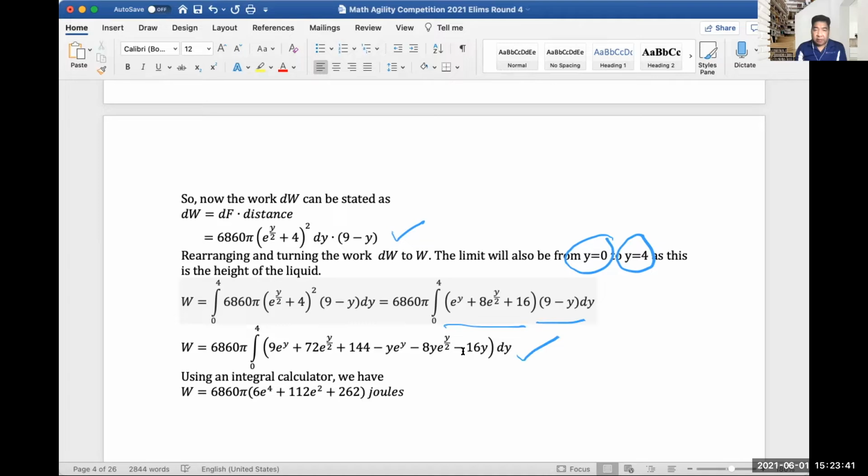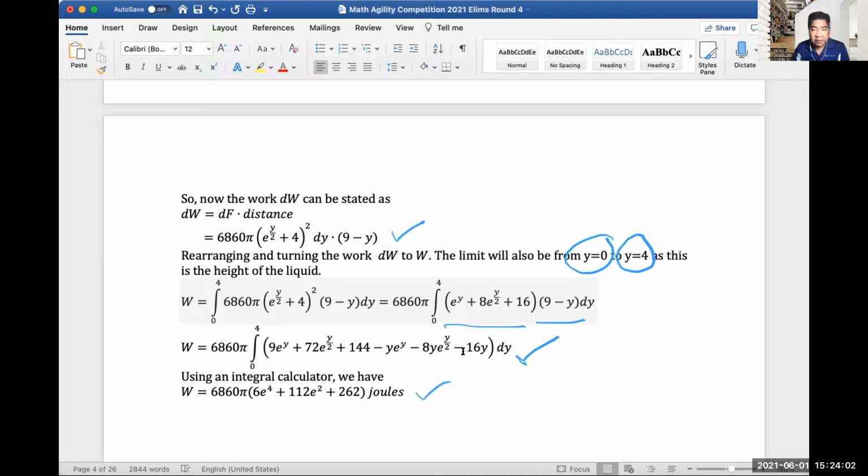Actually, to save time, I used an integral calculator for this. It's allowed: if you form this equation and need technology to save time in solving, you can do that, as long as you form the correct equation here.